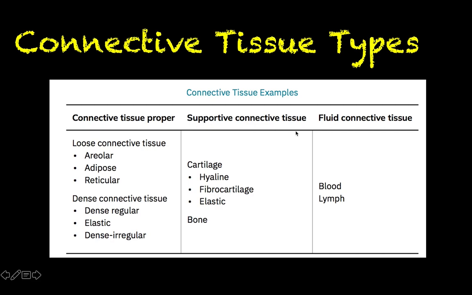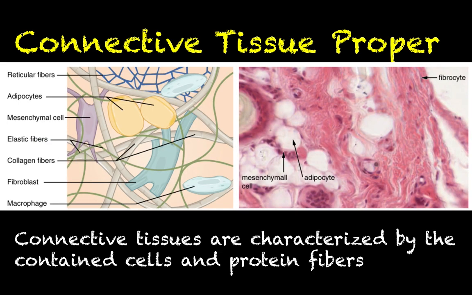You have supportive connective tissues, which serve a much more solid structural function, whether you're talking about cartilage, which helps to lubricate joints and things of that nature, and bone, of course, which is a part of the skeleton, which is obviously very solid in terms of its structural support roles. And then a couple of types of connective tissue which you might not normally think of as being a tissue: fluid connective tissues, which include both blood and lymph.